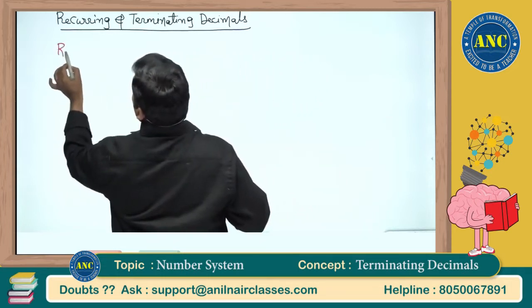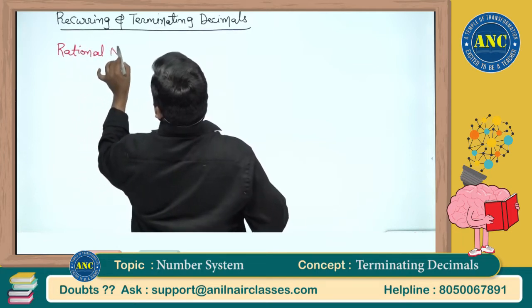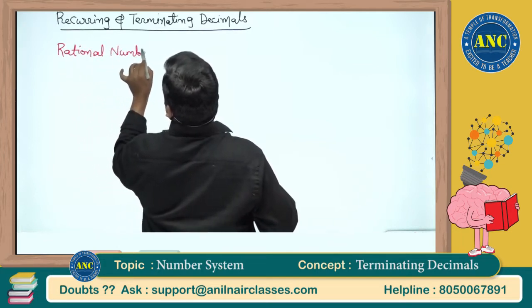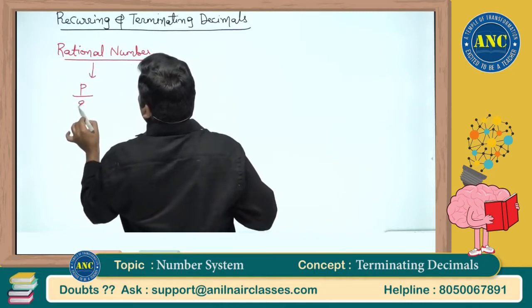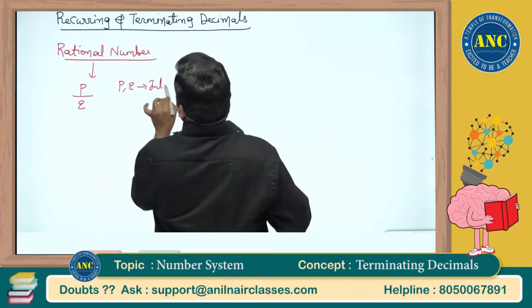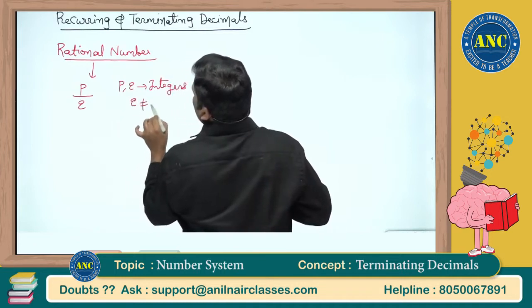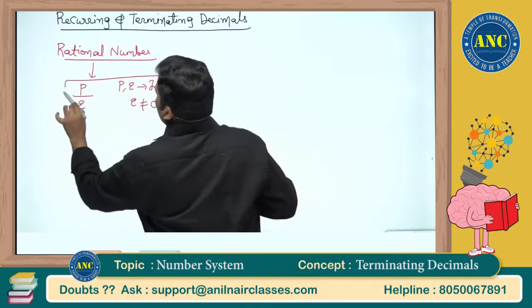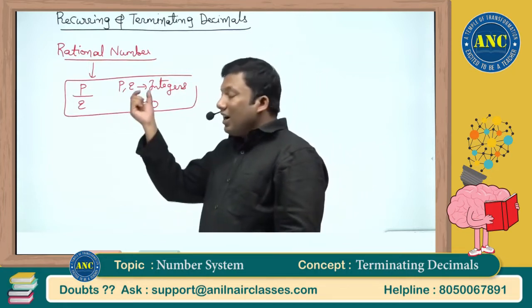First thing, rational number. What is a rational number? Any number which can be represented in the form of P by Q, when P and Q are integers and Q is not equal to 0, is called a rational number.